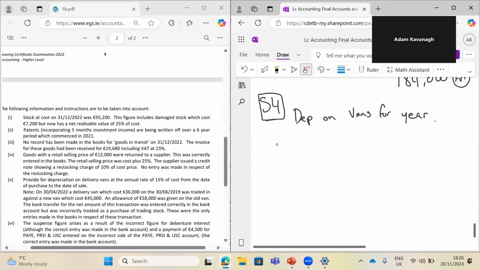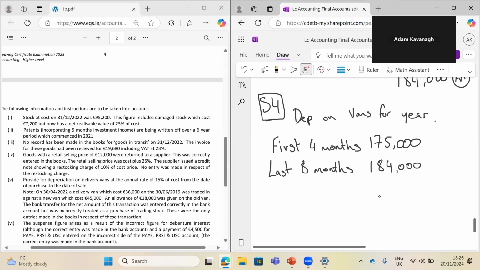So that means for the first 4 months, what was the cost of our vans? That cost is what was given in the trial balance, which is 175,000. Okay, and then for the last 8 months, so from May until December, it was the new amount which you just figured out above, which is 184.